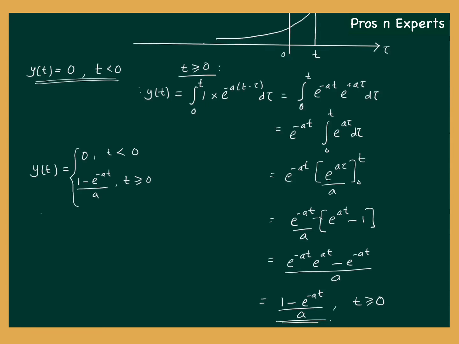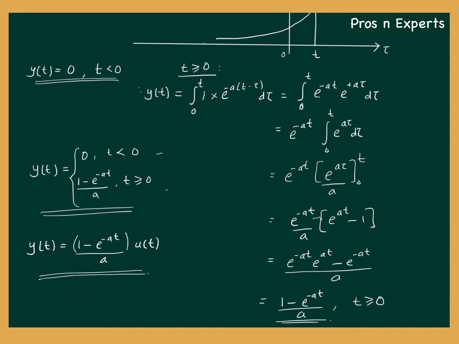In a single line, instead of two conditions, we can represent this signal as y of t is equal to 1 minus e raised to minus at by a, multiplied by u of t, which gives the same meaning as this. So this is the final answer.